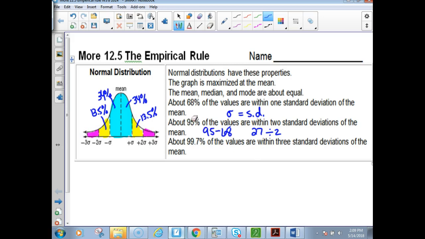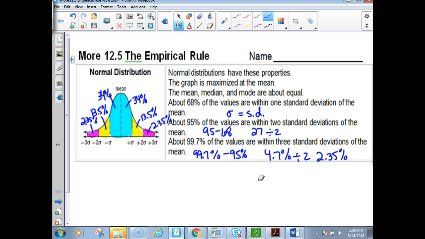Now, you already used up 95%, so what percent more do we have to look at here? That's 4.7%. We need to break it apart to get the pink area, which would be that divided by 2, which is 2.35% on each end. So that's 2.35%, and this is 2.35%.